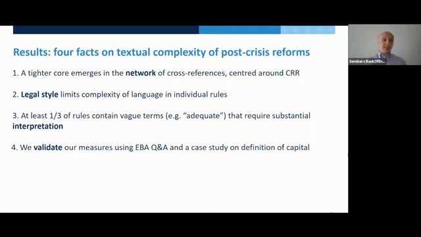Also, there is a legal style which limits complexity of language in individual rules. The style is fairly constant, and it shows that individual rules are written in a very similar way. We also know that at least a third of rules contain vague terms, like adequate, which require substantial interpretation.